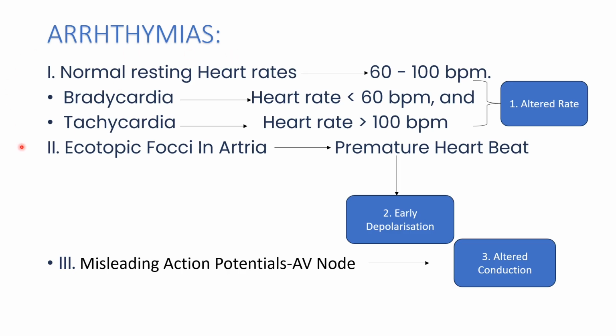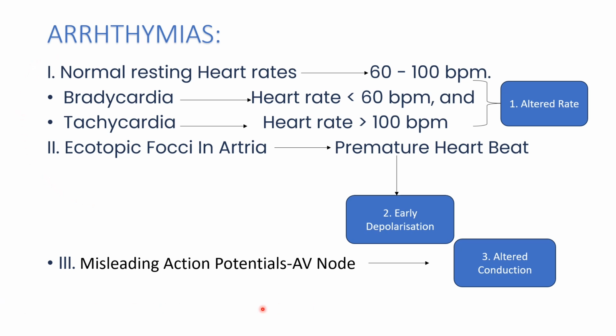And ectopic foci in the atria are nothing but early depolarization, meaning that before the signal has reached, it already started to work, so that is called early depolarization. This also results in arrhythmias.